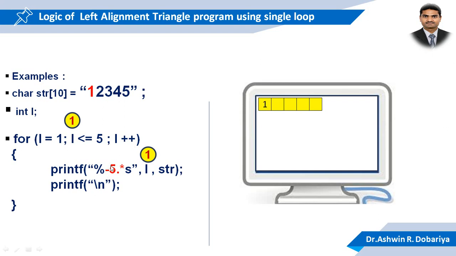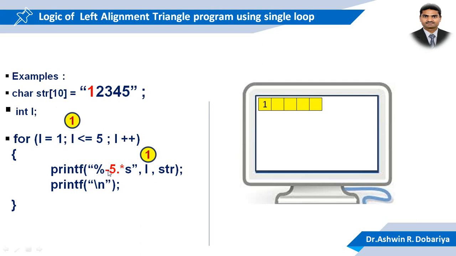When we provide a negative width, the data will be displayed left aligned. Then 5 means the total size of the printing is 1, 2, 3, 4, 5. Just for understanding I have displayed it in a box, otherwise on the screen it will display spaces over here. So total width is 5, and -5 means the data will be displayed left aligned.